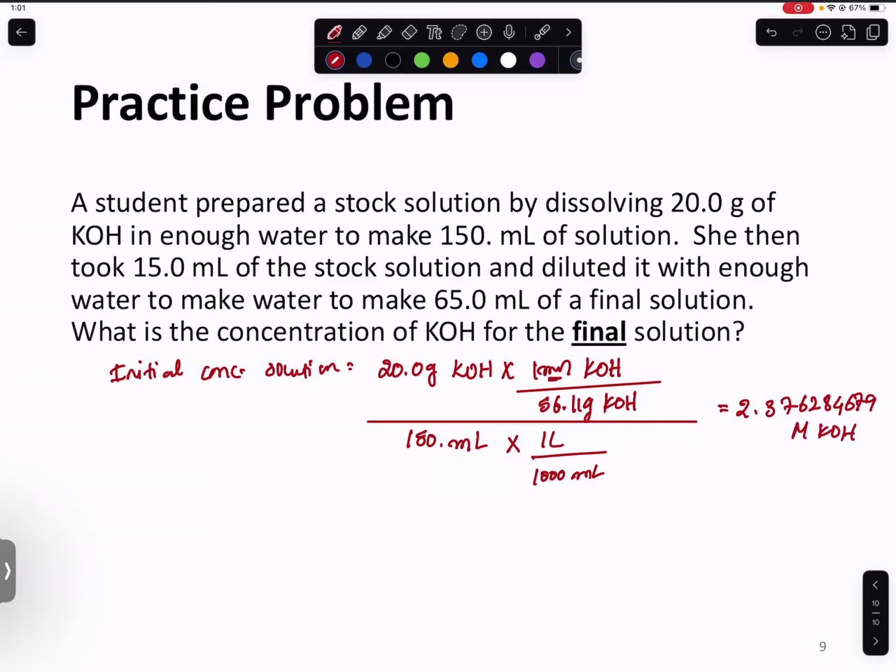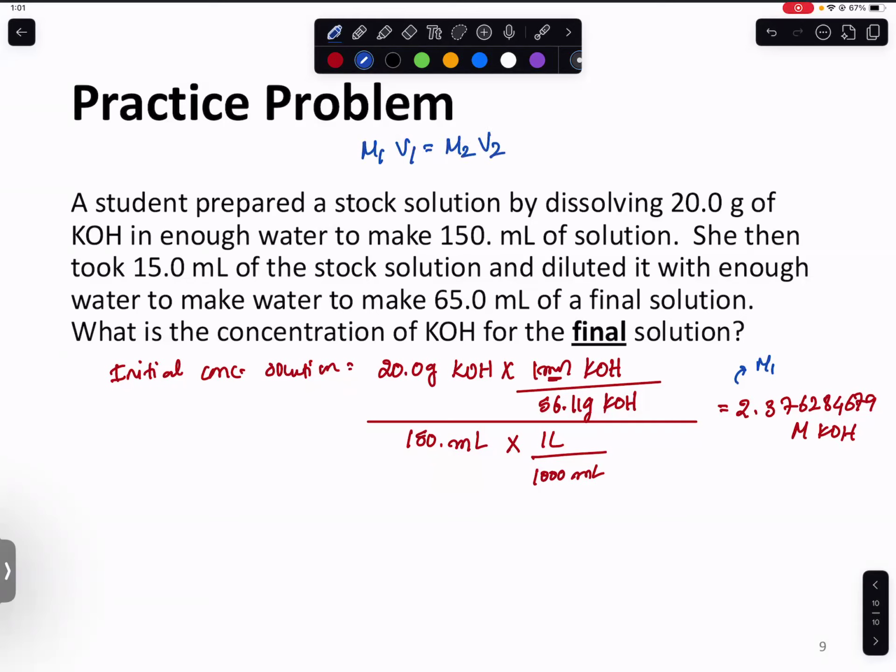So this is the initial concentration right here, and we can label this as my M1, because we're again using M1V1 equals M2V2.